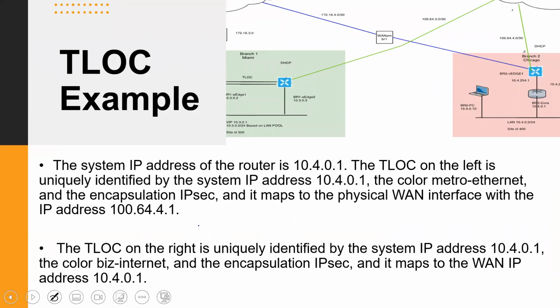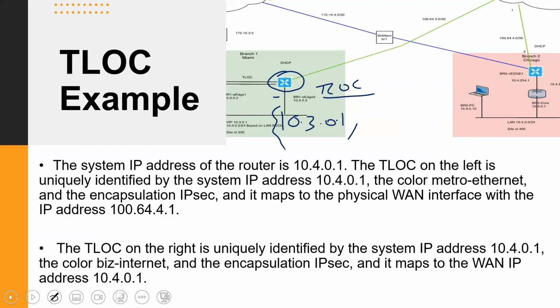Then there is one example here. This complete diagram is not that visible, but it is telling that if you have this device here and you write the TLOC for this device, what will the TLOC be? First of all, what is the system IP of this? Suppose the system IP of this device is, for example, 10.3.0.1.